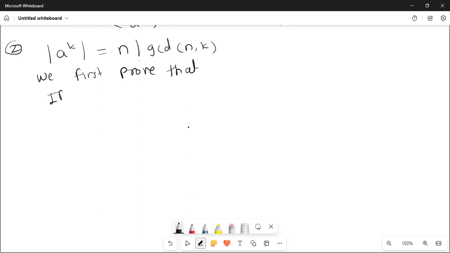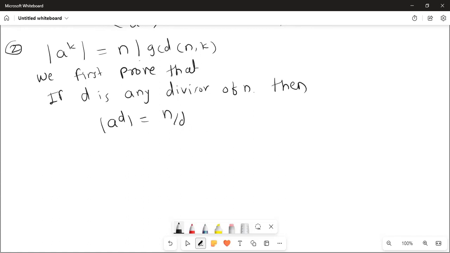If d is any divisor of n, then the order of a raised to d equals n divided by d. Okay, that means a raised to d raised to n divided by d equals a raised to n, because d and d cancel, and a raised to n is e.